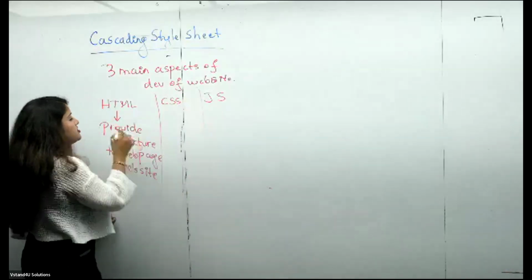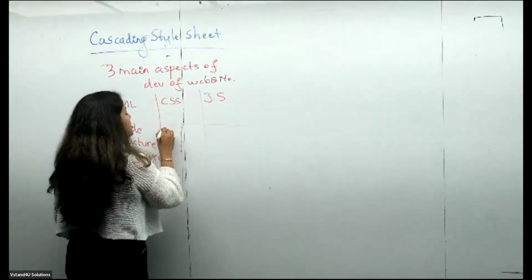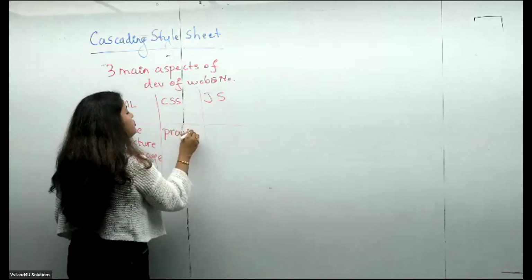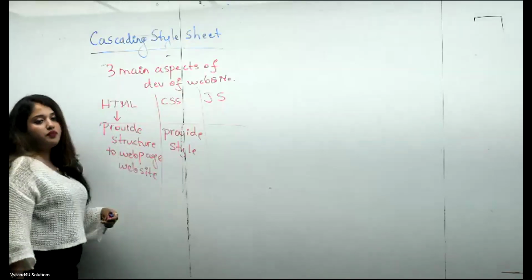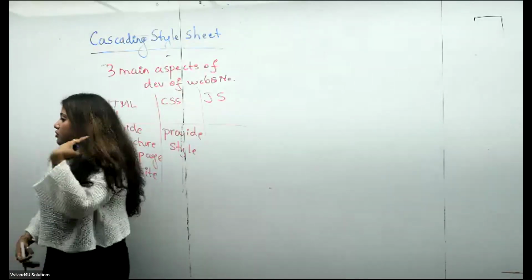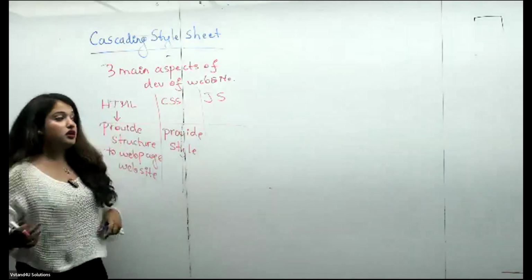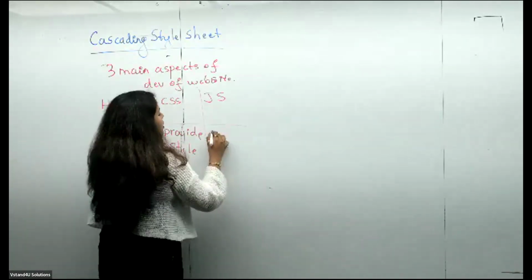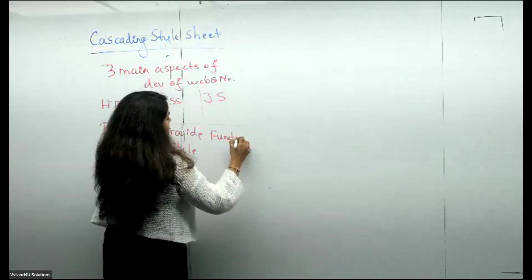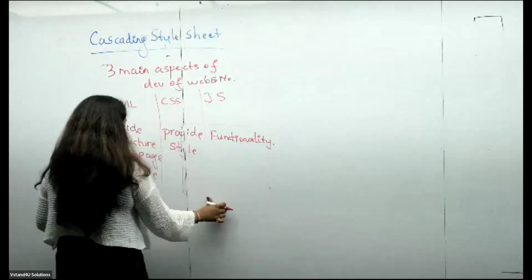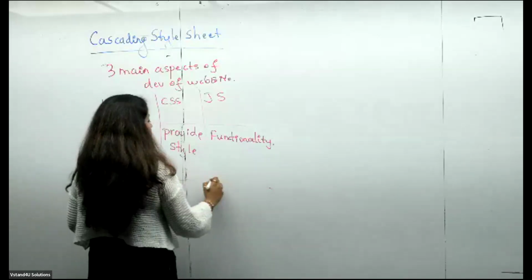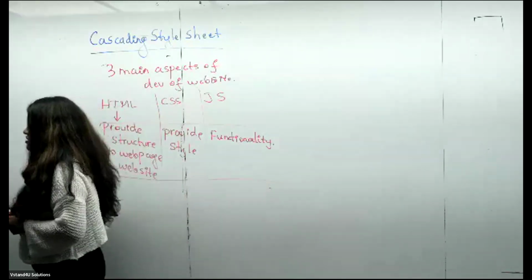To provide styles. Can I say your CSS is required to provide styles? Okay. Why is JavaScript required? Your JavaScript is required for functionality. Yes or no? So this is what you people know about HTML, CSS, and JavaScript.